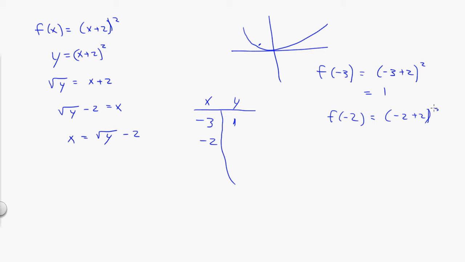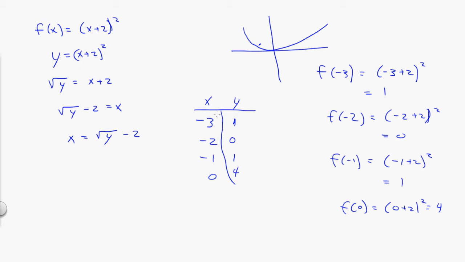That's 0. Put in minus 1 for x: f of minus 1 is equal to minus 1 plus 2 squared, which is 1. And then 0: f of 0 equals 0 plus 2 squared, which is equal to 4.